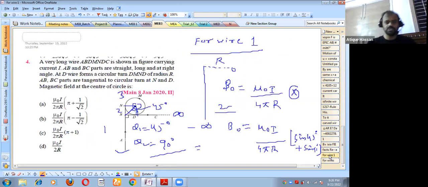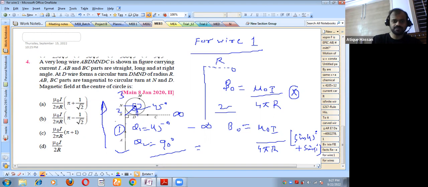Now you can see here due to wire 1, where is wire 1? This one is wire 1. This wire we have named as wire 1, going from A to B, and the center is on its right side.